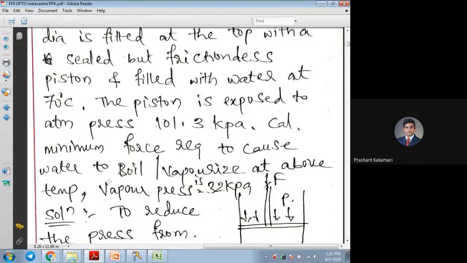The force is required to cause water to boil or vaporize at the above temperature of 70 degrees centigrade, and the vapor pressure of this water in that cylinder piston arrangement they have given as 32 kilopascal. Now we'll discuss what a pascal and a kilopascal are in the given solution.